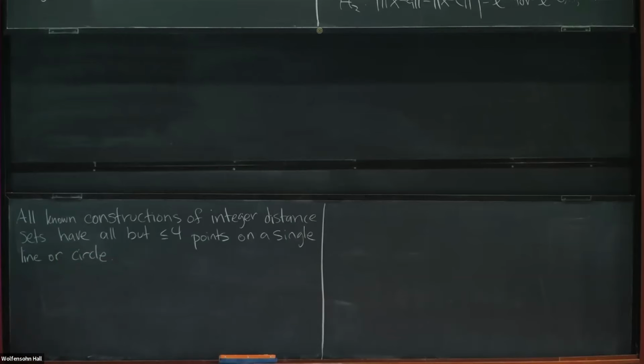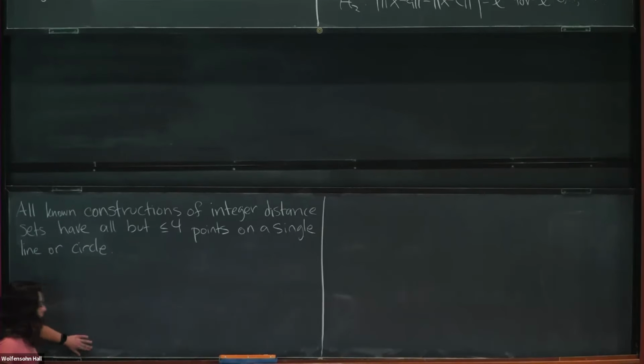And it had long been conjectured, I guess since at least back to Erdos, that all integer distance sets must be of a certain special form. So this is a vague folklore conjecture.